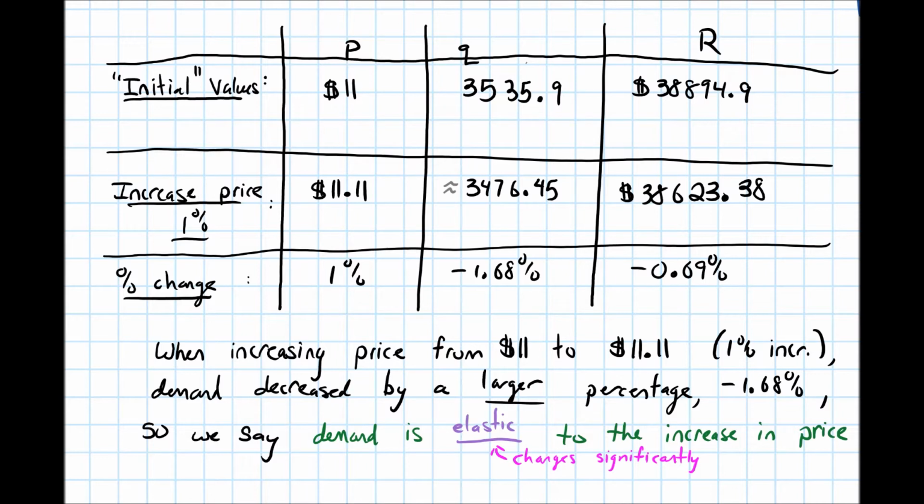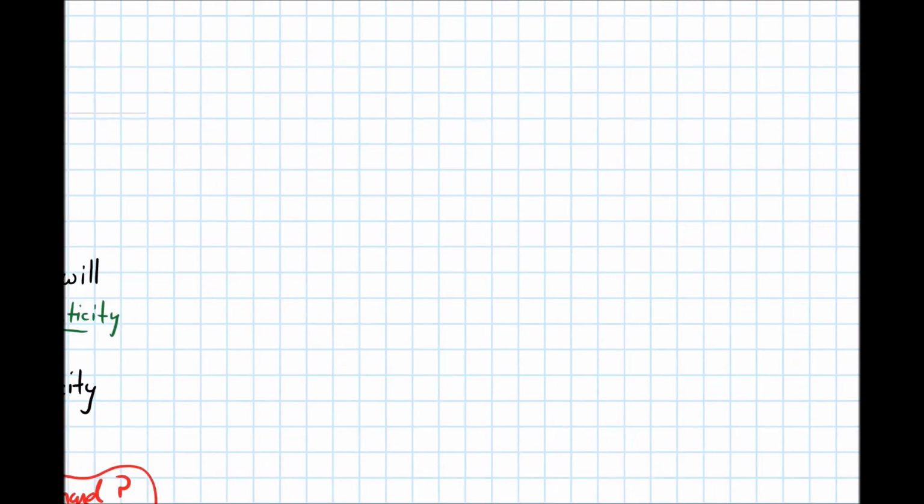So in this second example, raising the price from $11 to $11.11, the revenue decreased. And when that happens, it's not going to be beneficial to raise the price because we'd have a lower revenue.